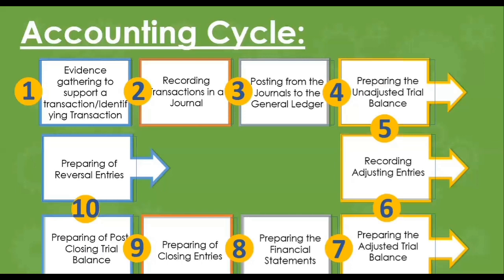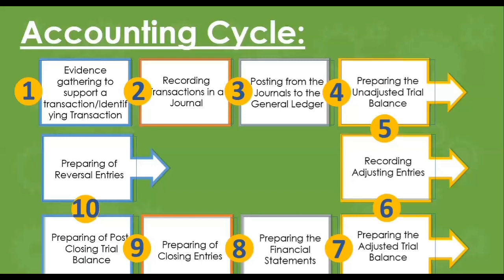Okay, so the next step in the accounting cycle would be preparing the unadjusted trial balance. Now, to determine the equality of debits and credits as recorded in the general ledger, an unadjusted trial balance is then prepared. It is a way to investigate and find the fault or prove the correctness of the previous steps before proceeding to the next step.